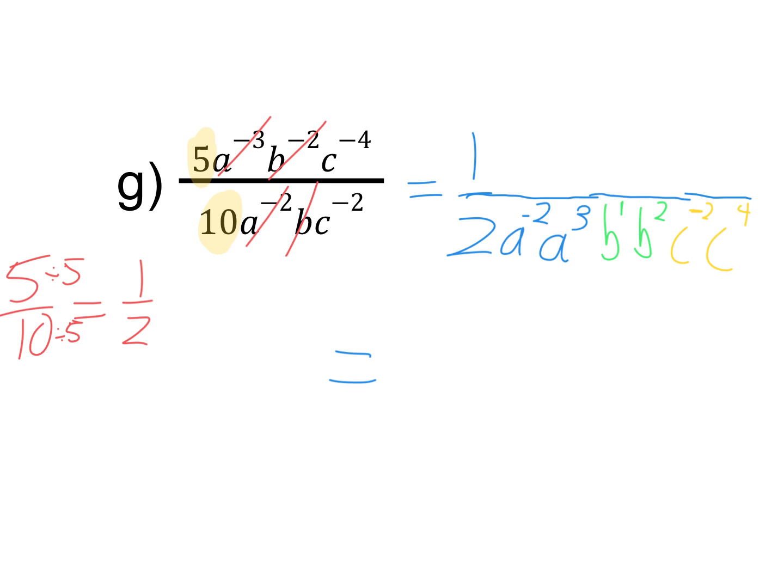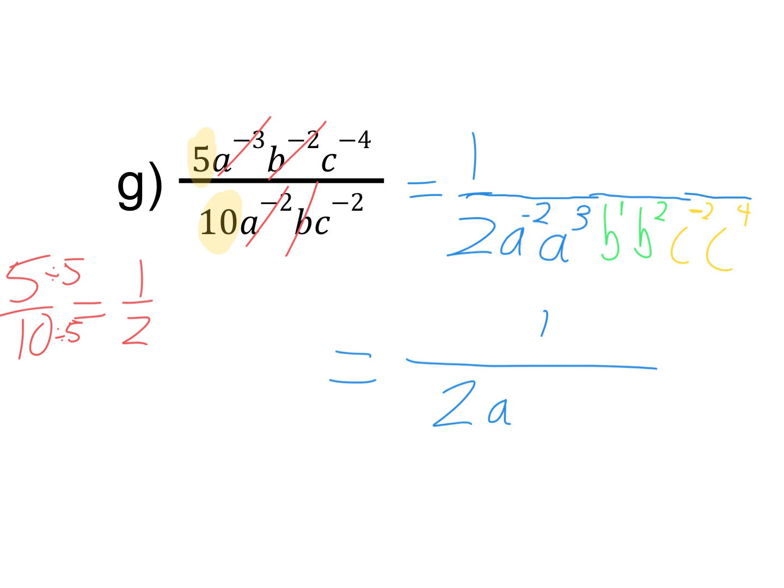So the only thing in my numerator is 1. Everything else is in the denominator. So I have a 2, then I have a, and then it's my 2 exponents. Since I'm multiplying these variables, I will add these 2 exponents. So I'm multiplying a and a, so it's the same variable.